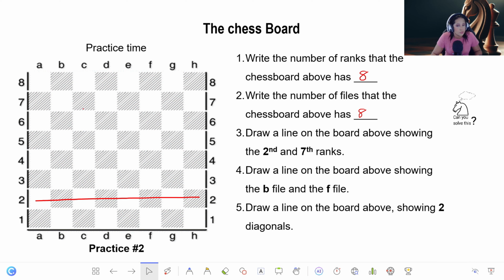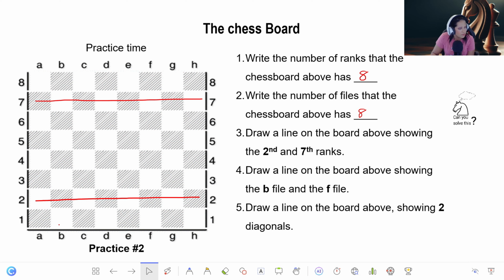And then we go with the 7th, which is this one here. Let's see how straight this line could come out. Good.